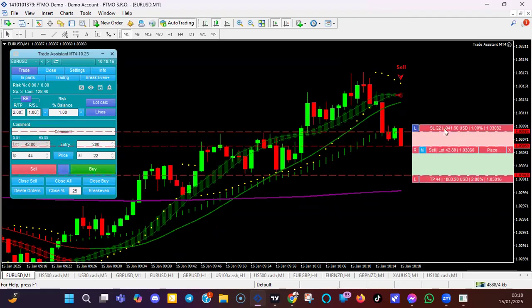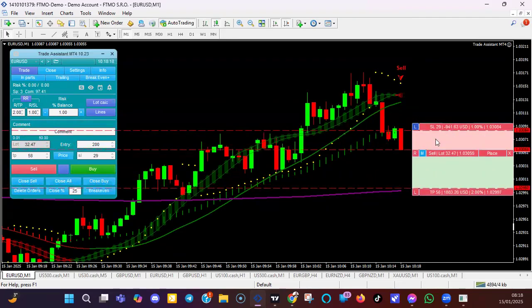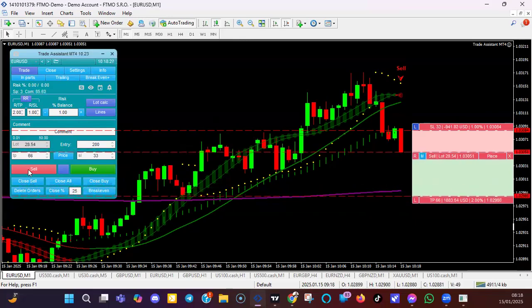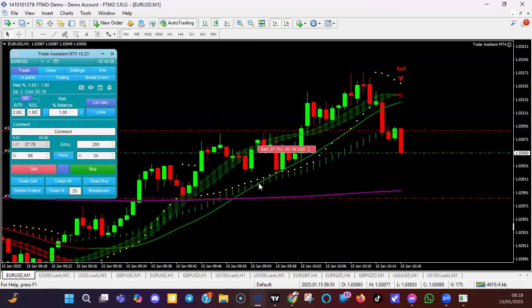Right, this is where we've got a sell alert. Again, anticipating the green trend line turning, but I'm looking at the take profit here. I want the take profit to be around the purple line area.